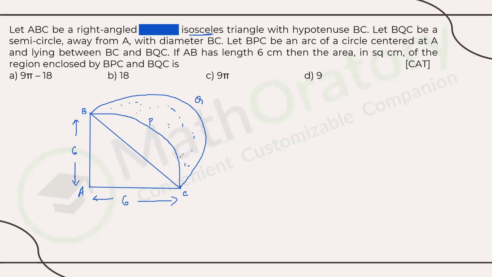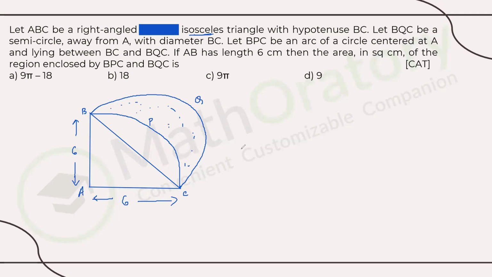What I mean by smartly is, first of all, think about which regions, it could be a combination of multiple regions, which figures you can determine the area of, because the question is about area. So which figures can you easily determine the area of?